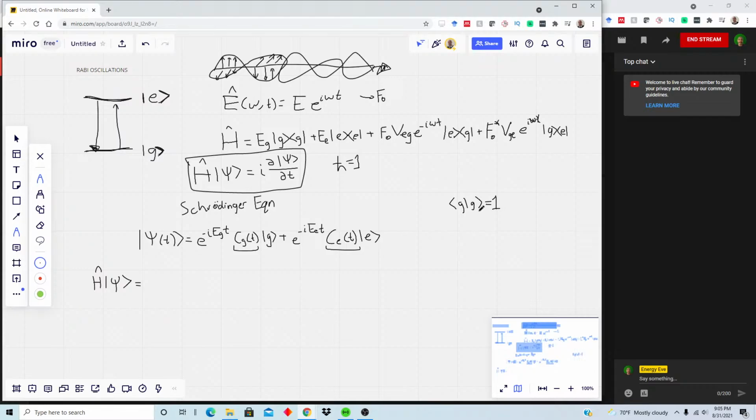Because we're making an assumption that in these two states, we have a Hilbert space and that it's orthonormal, such that when you apply this to itself in these basis states, it's equal to 1. So for both, for the excited state and the ground state.